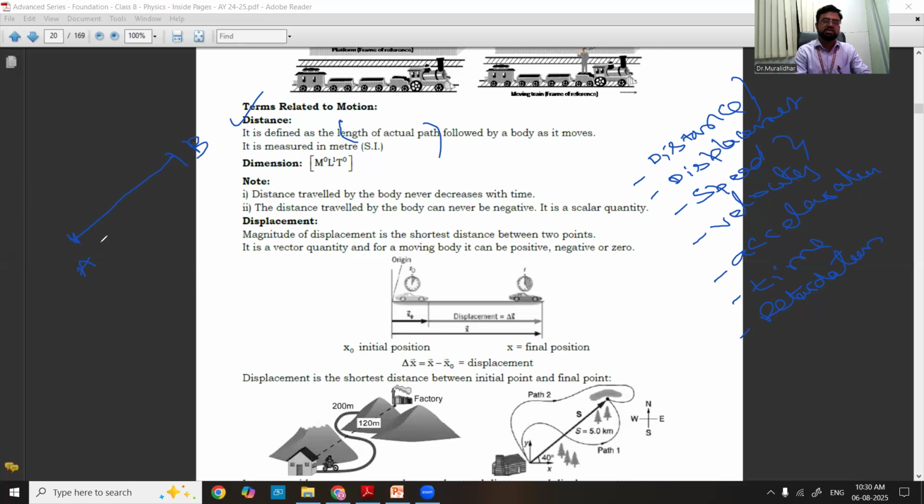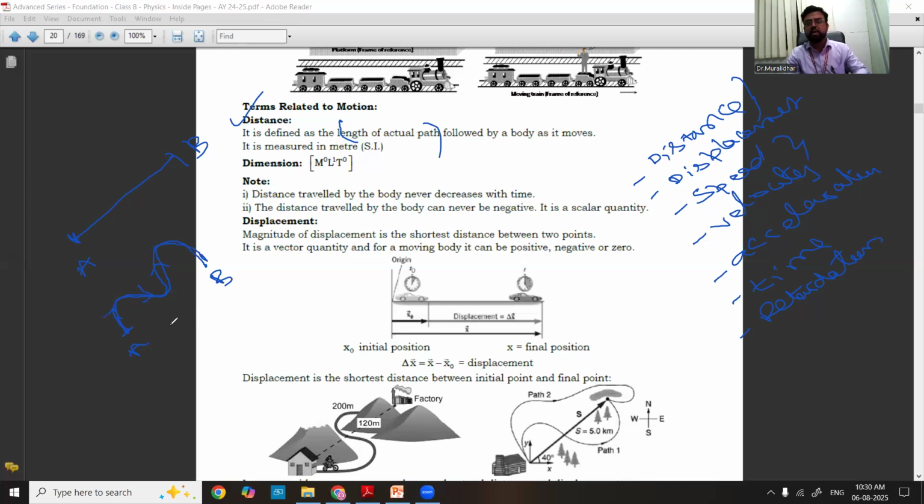This is called distance. Suppose you are moving another way. This is a straight line, but suppose you go from A to B in a curved way. So what is the actual path? The length of the actual path is from A like this. This is totally called the actual path. So this entire path is called the distance.